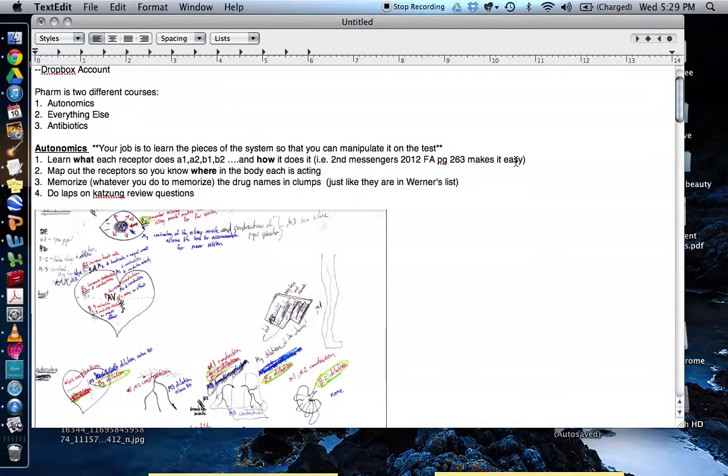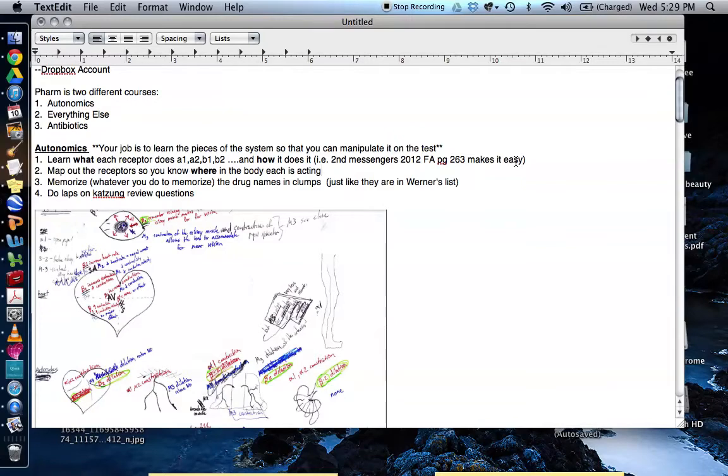I did it 2 ways. I like to learn it one way and then learn it backwards to really make it redundant for me. I would just learn, like, okay, list the beta-1 blockers, and then in my mind I would try to do that, and that's kind of hard to just come up with a whole list all by itself, but give it a try and some of it'll stick.